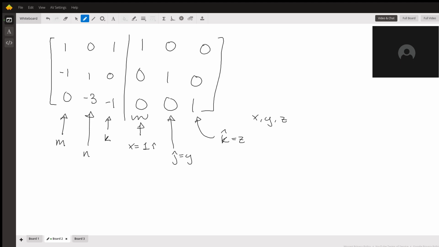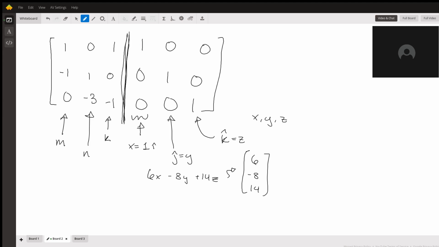But we actually want the opposite. We have this vector 6x minus 8y plus 14z. We can think of that as this vector 6, negative 8, 14 in the xyz basis, and we want to convert it to m, n, and k. So that's why I did what I did here, which was augment this matrix on the left with our identity matrix.